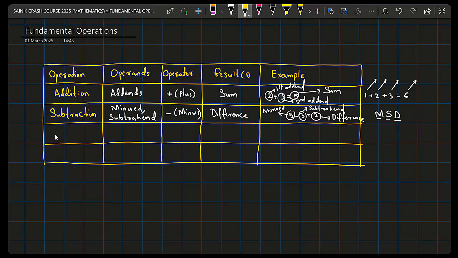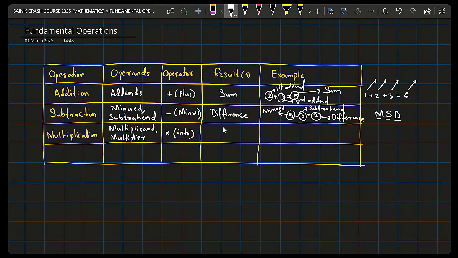Then, next operation, multiplication. For multiplication operation, the operands are multiplicand and multiplier. The operator used is into.